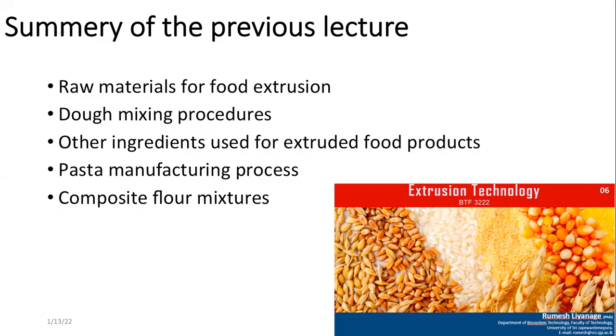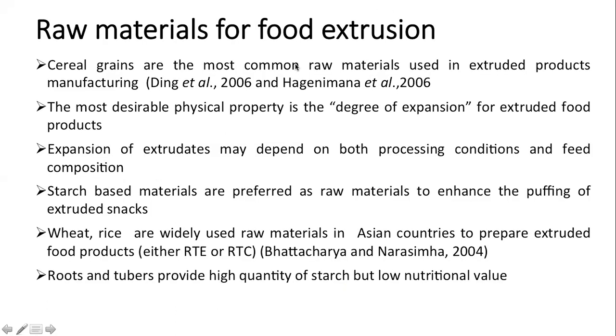And how to manufacture pasta, we have discussed the detailed process. And composite flour mixtures also: what is a composite flour mixture? Basically, as an example, some portion like flour varieties, we call it a composite flour mixture. So basically there are different types of flour. And when it comes to raw materials, we have discussed these things last week also.